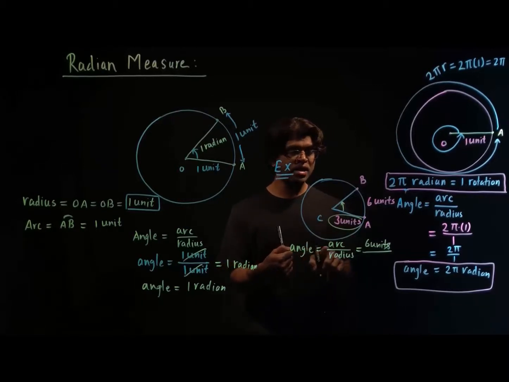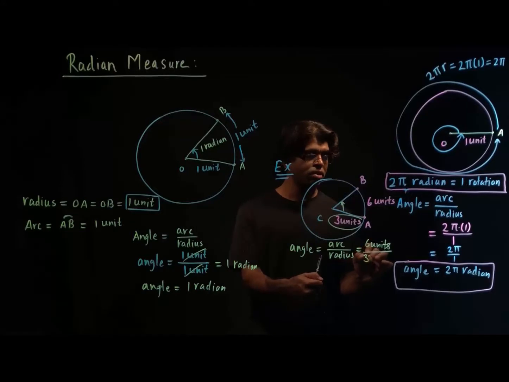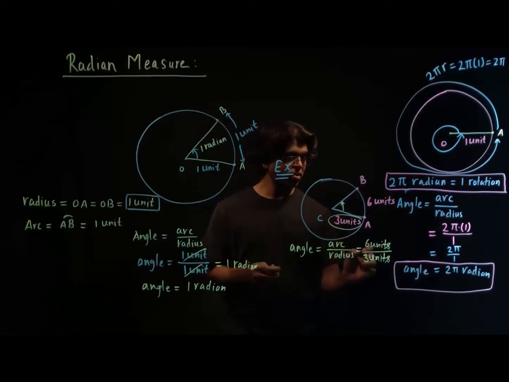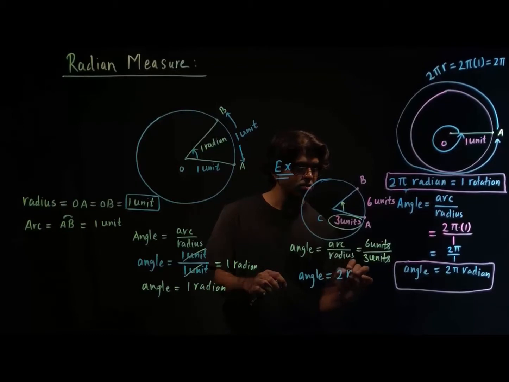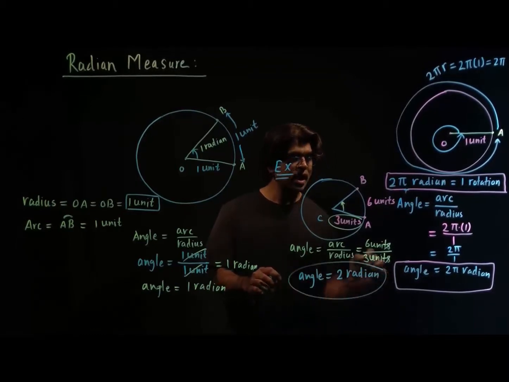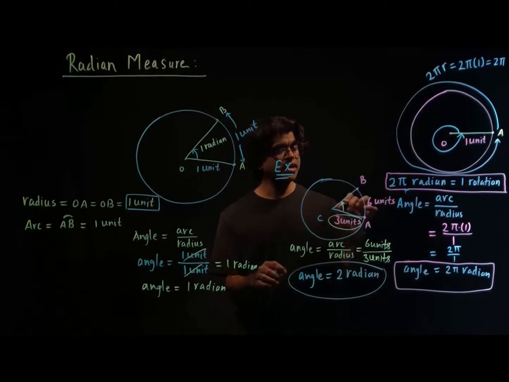So angle is arc over radius, which is 6 units over 3 units. 6 over 3 is 2 radian. So this angle right here is 2 radian.